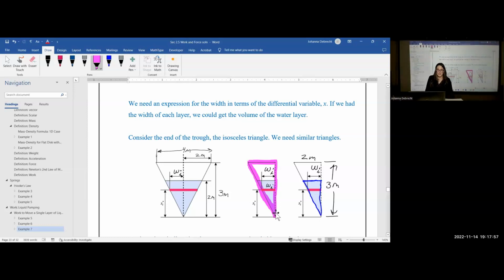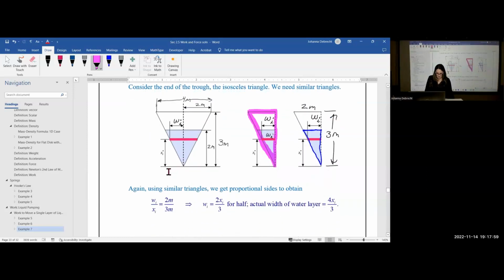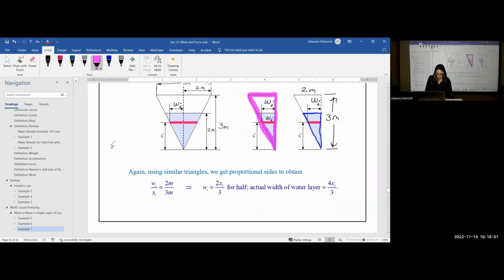So the lengths of their sides must be proportional. So we set up a proportion, and in this case, I want to find W sub I. So I put W sub I in the numerator, and then I divided by X sub I, which is the height of that water layer. And then I'm going to set it up similarly. So taking the horizontal measure of the tank would be 2 meters over 3 meters.